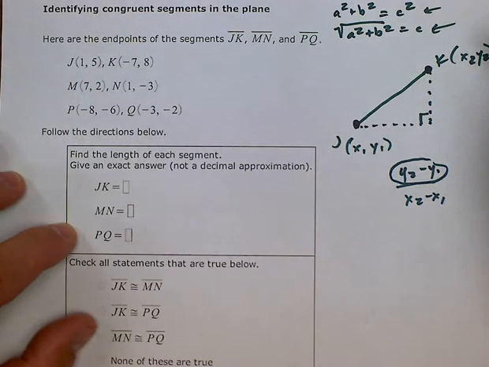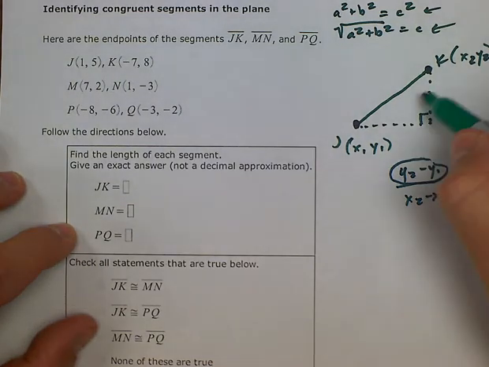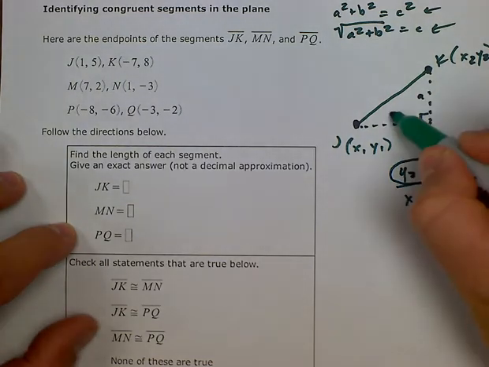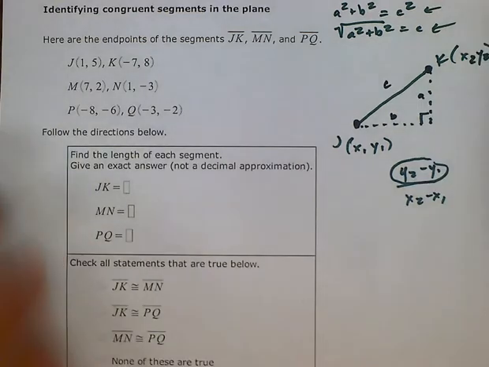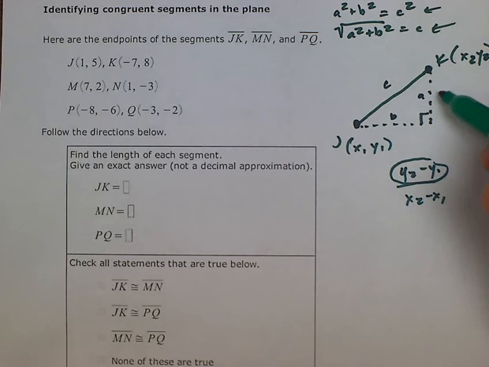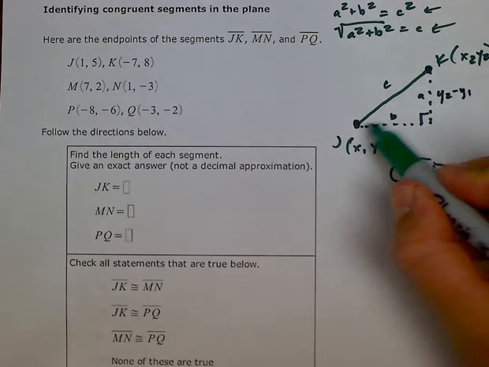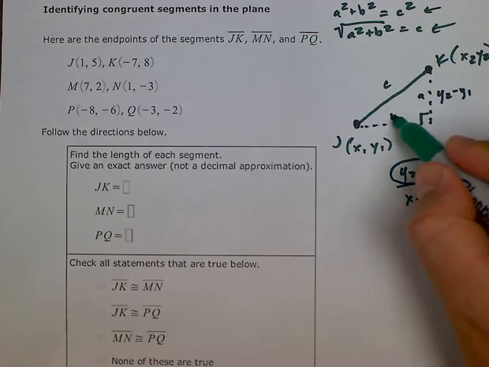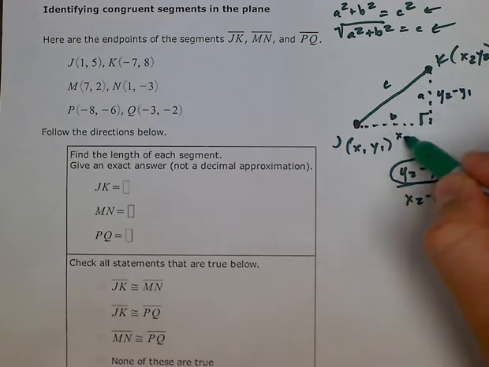If we were to label this triangle as, let's say this is side A, this is side B, and this is side C, and we're trying to solve for C, well, the distance here is going to be my rise, y2 minus y1, and this horizontal distance would be my run, or B, x2 minus x1.